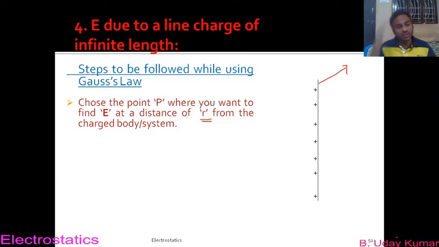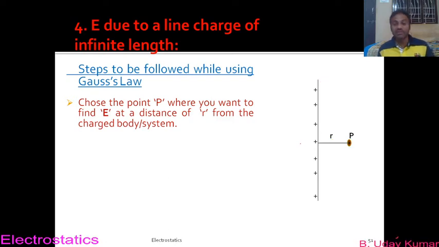If you remember those steps, the derivation will be much easier. So first of all we choose a point P where we want to find the electric field intensity, at a distance of small r. Here I have assumed that this is the point P, and I have taken its distance from the line charge as small r. I hope it is clear.